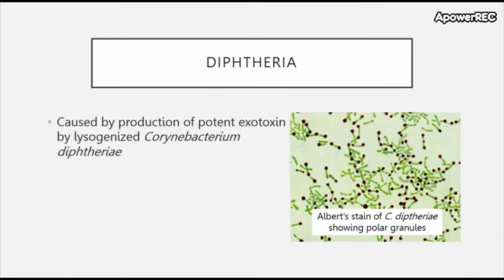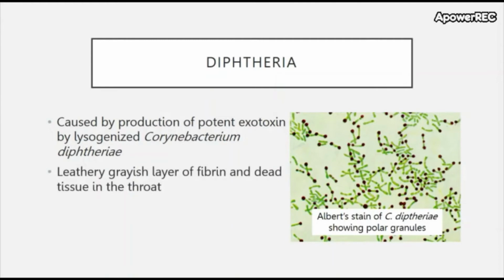And while we're discussing toxins creating diseases, let's talk about diphtheria, which is caused by lysogenized Corynebacterium diphtheriae, which produces a potent exotoxin. The exotoxin is extremely important in the diphtheria, tetanus, and pertussis vaccine. There are now 5 or fewer cases of diphtheria in the U.S. yearly.